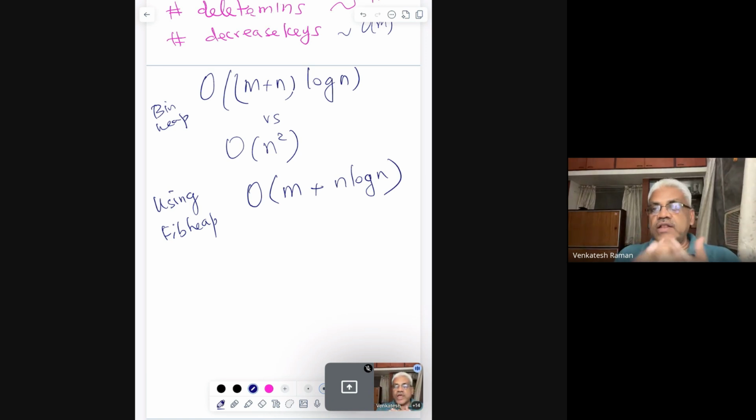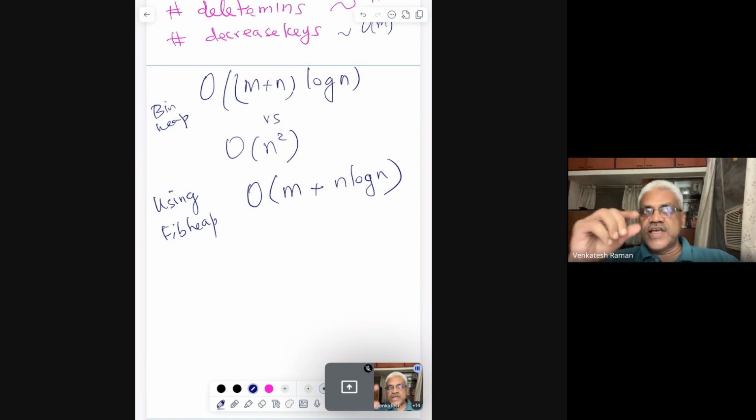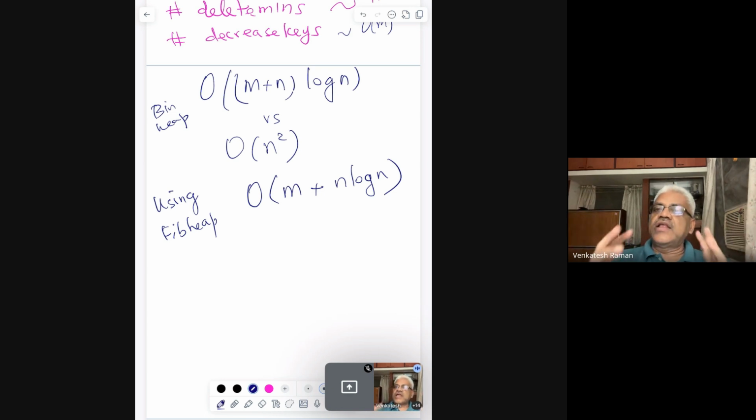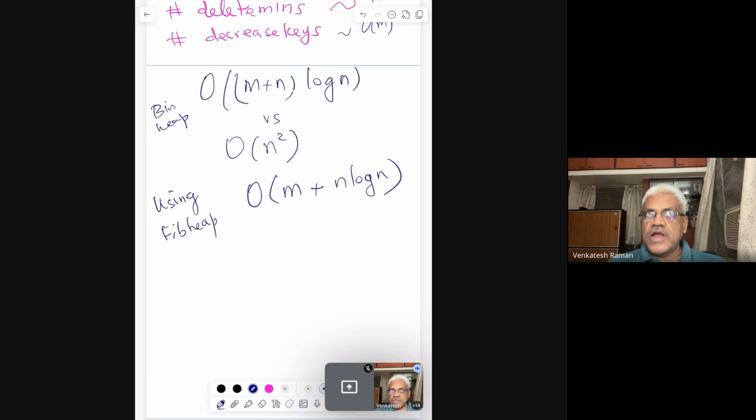Again, I know we have not done Fibonacci heap. You may not need to, don't bother about it. There is something called Fibonacci heap, which can do decrease key in constant time, not worst case, but amortized time. We didn't get into anything about amortization. But the point of this question is to make sure you are able to analyze Dijkstra's shortest path algorithm, which means you need to write down clearly the steps and see what happens in the naive implementation.